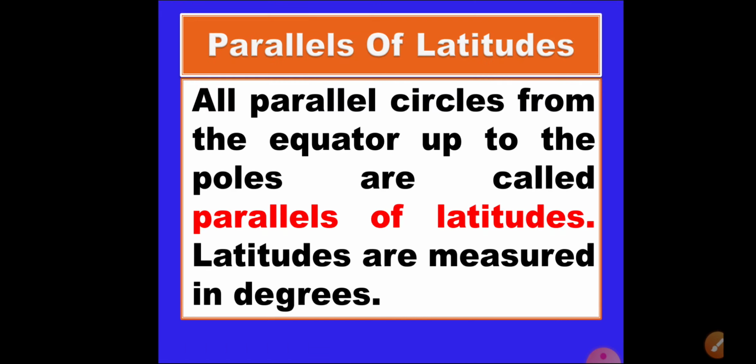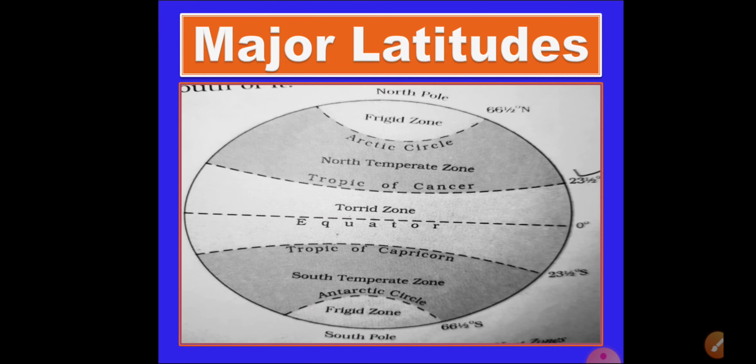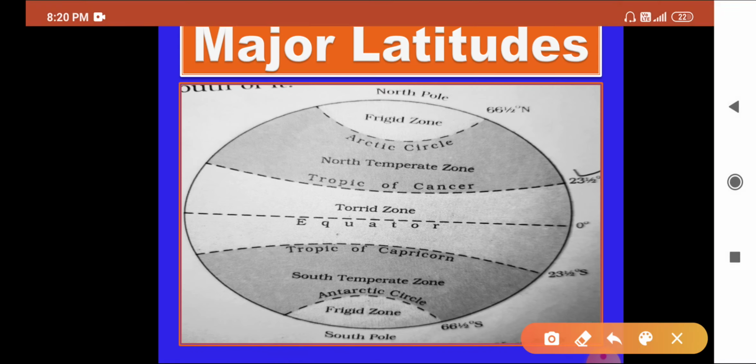Coming to our next slide, after these facts, here in this picture you can see major latitudinal lines, all the important latitudinal lines. Here step by step I will tell you. Just pay attention that this center line which divides our earth into two equal halves is known as equator.